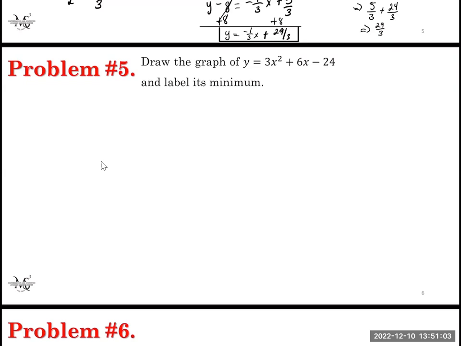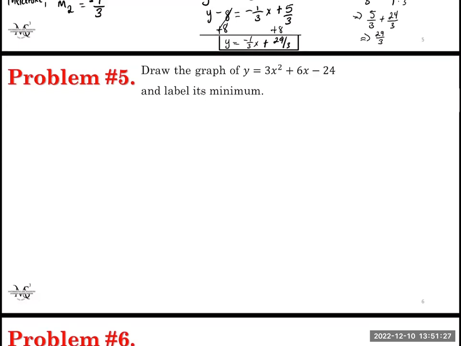What does it resemble? A parabola. And the parabola looks like what type of shape? A U shape.